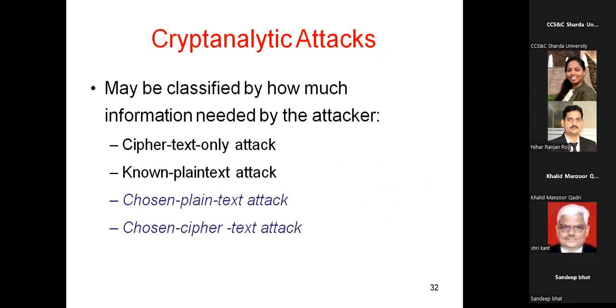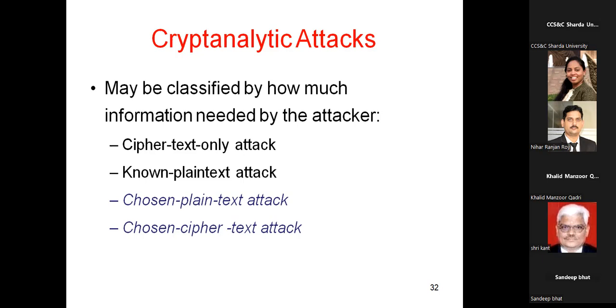Now, some of the cryptanalyst techniques, that is, attacker techniques for those who want to find the plain message from your ciphertext, I'm going to explain. I cannot explain completely, but I will let you understand these types. There could be many types of attack, but mostly all are categorized in these 4 categories.